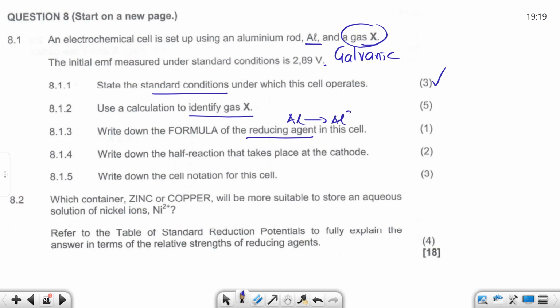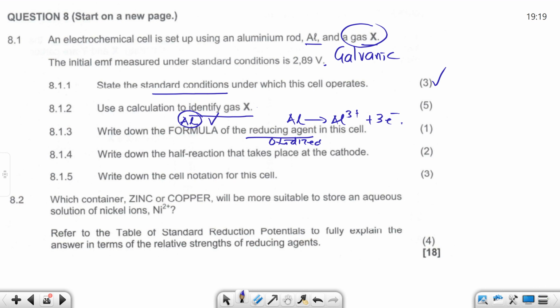Al to Al3+ plus 3e, because we are looking for what is oxidized. 1 mark there. Oh, no, that's the equation. I actually answered. What is oxidized, guys? It's actually Al. They didn't ask us for the reaction. They said, name the formula of the reducing agent. They are looking for what is oxidized. 1 mark.